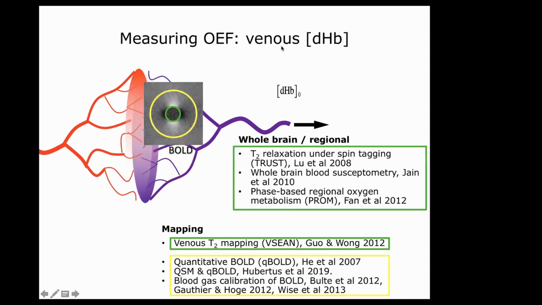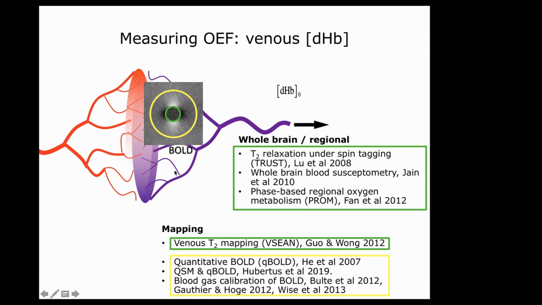So this is about measuring the concentration, really, of venous deoxyhemoglobin. Now we're going to hear about some of the other techniques after my talk, so I won't focus on these, but broadly, we can think of a number of different measurement methods.